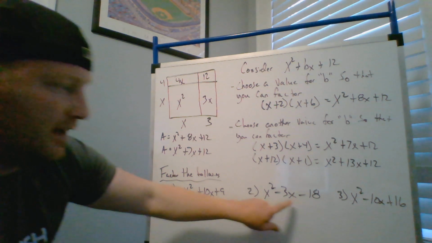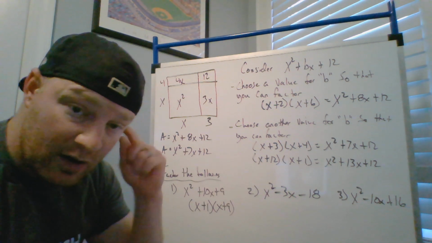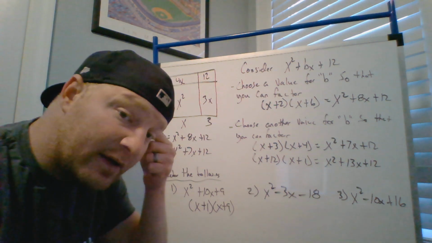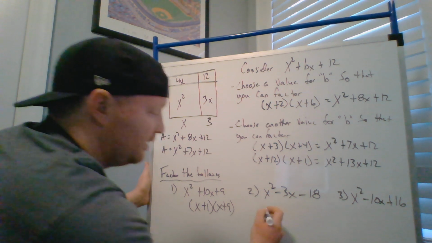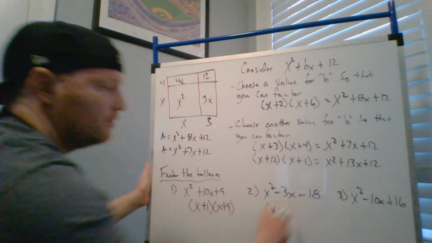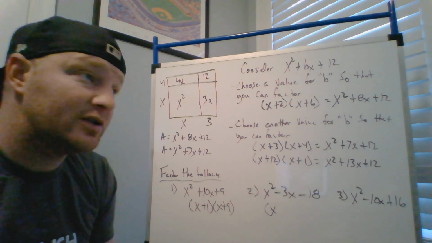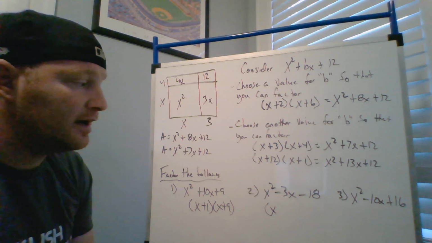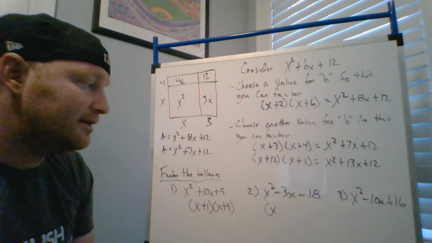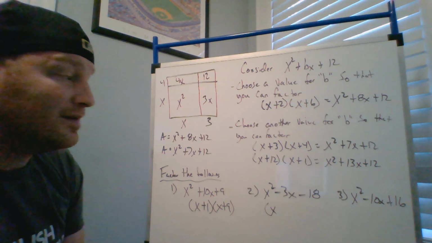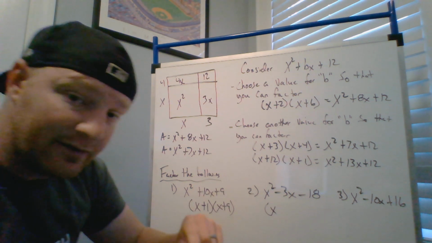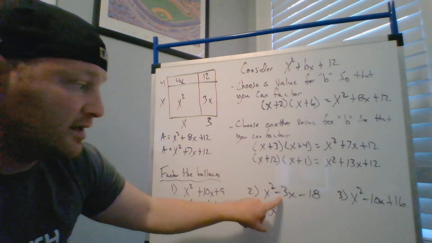Now, in today's work, you're going to see a lot of negative numbers, so you got to be aware of what you make negative and what you make positive. Over here, what multiplies to negative 18? Well, negative 2 times 9, which adds to 7, so that's not going to work out. I know that 6 times 3 is 18, so I'm going to do negative 6 and positive 3, because negative 6 plus 3 is negative 3.